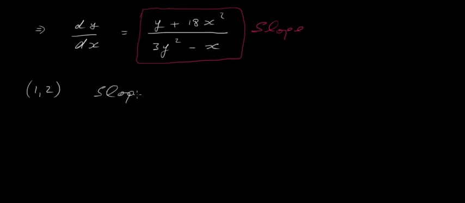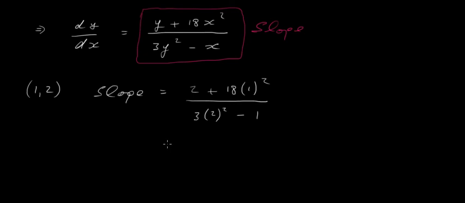The slope of our tangent is going to be y, which is 2, plus 18 times x squared, that's 1 squared, all over 3y squared, so it's going to be 3 times 2 squared minus our x, which is 1.